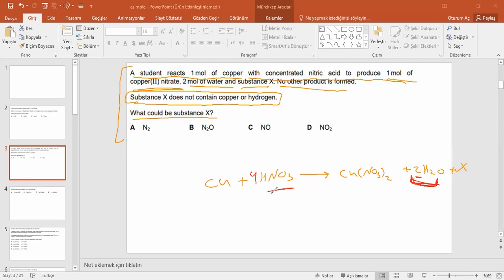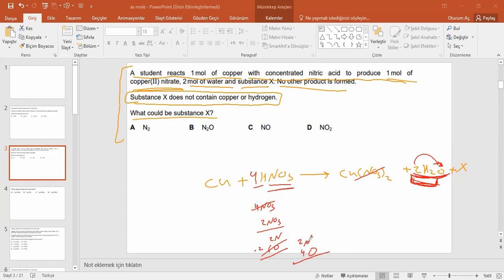So here we have 4 hydrogens and 4 NO3s. 2 of them are cancelled with this, so 2 NO3 remained. That means we have 2 nitrogen, 6 oxygens, and here we have 2 oxygens. So 2 nitrogen and 4 oxygens remained. We remove 2 from here.